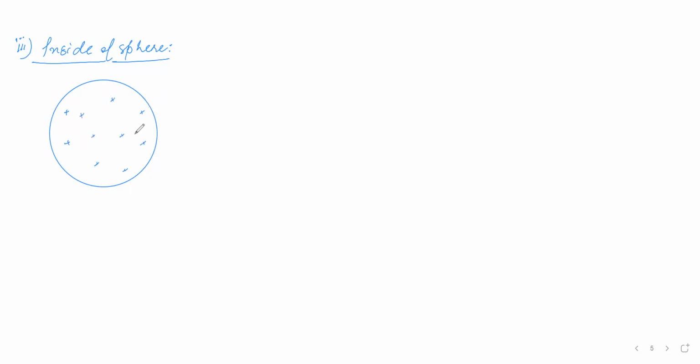we are taking the inside of the sphere. This is your sphere of positive charge, capital Q, and the radius is capital R. We are going to take any point inside the sphere.